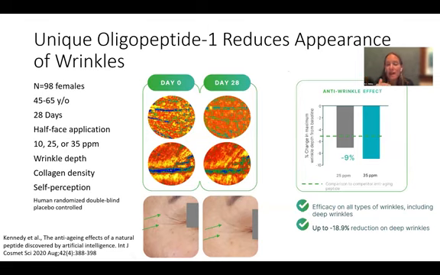And what they found is that at the different doses, they actually looked at 2 different doses, there was a decrease in the wrinkling of the skin, and not the average, but up to 18.9% reduction in deep lines and wrinkles.